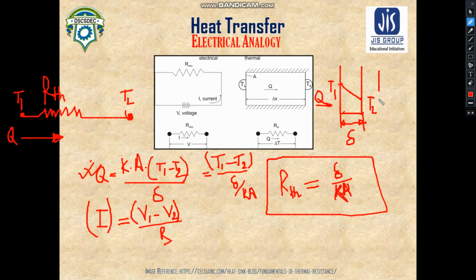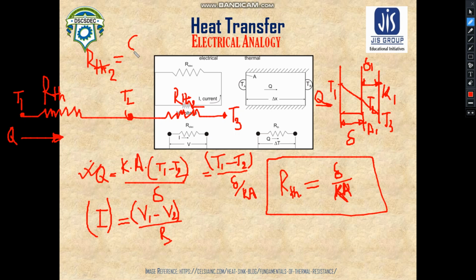So if there is another layer here which has a certain temperature T3, then we can draw another circuit which will have a thermal resistance of RTH2, and if this thickness is, let us say, delta 1 and the material is different from this, if we take K1 as the thermal conductivity of this material and the area as A1, then we can write RTH2 as delta 1 divided by K1 A1.